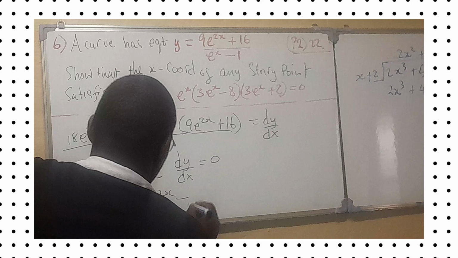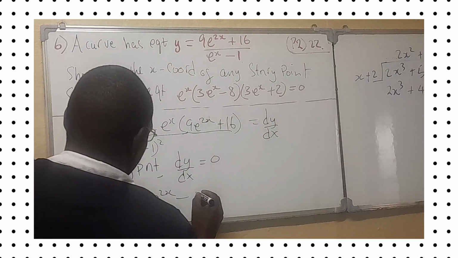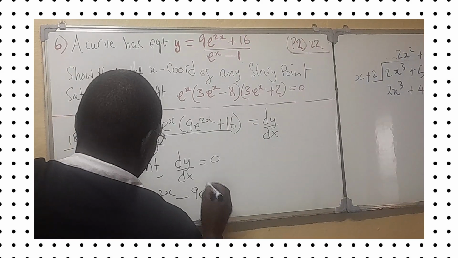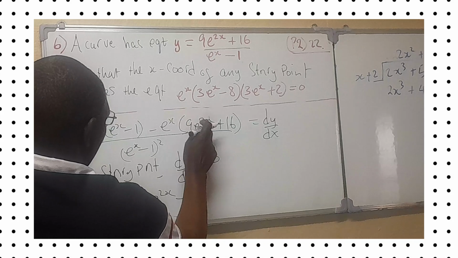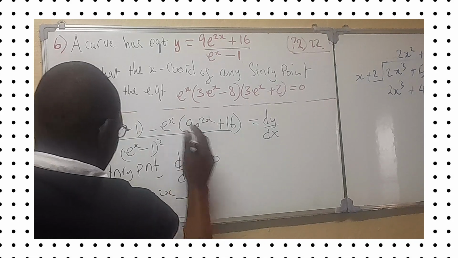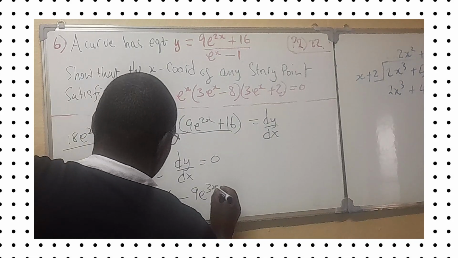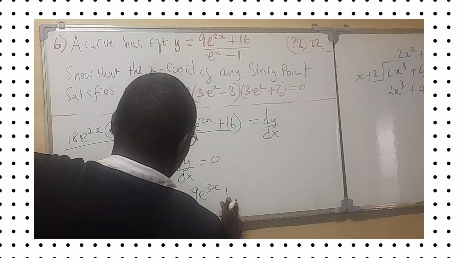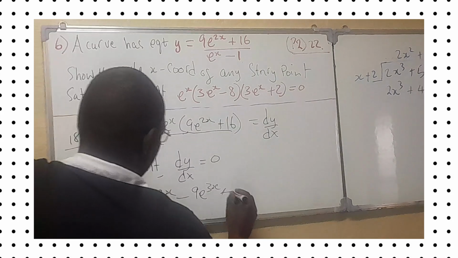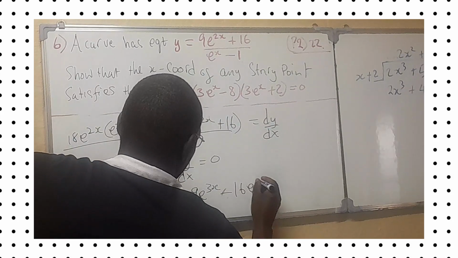Then here we have minus 9e^(2x) times e^x gives us e^(3x), minus 16e^x.